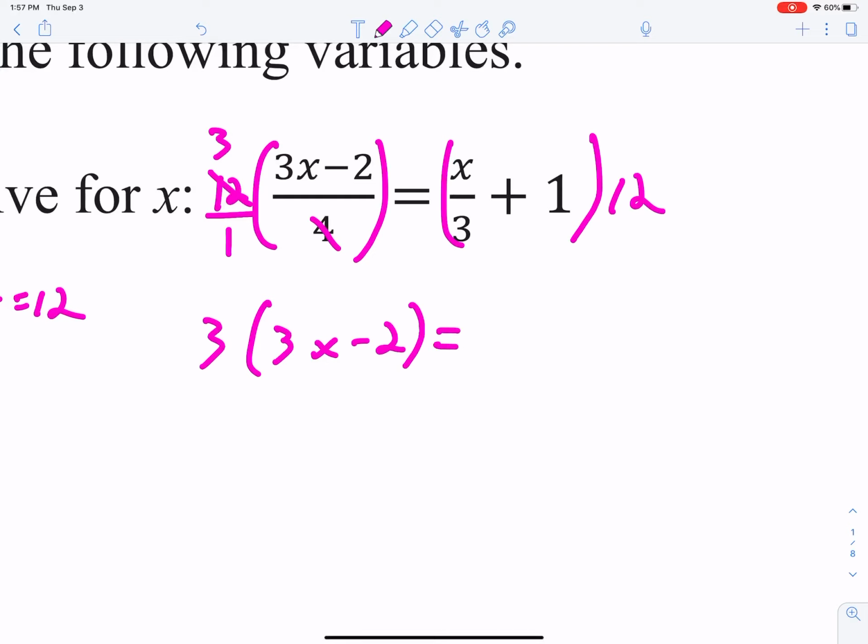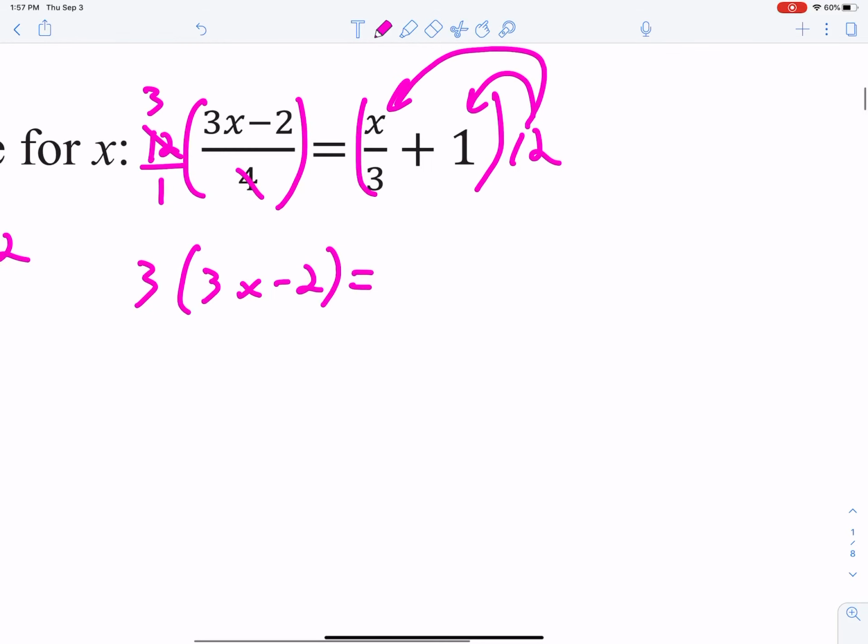Now on this one, of course, we're going to distribute. So I'm going to write it out. You don't always have to write it out as much as I am, but you should show work, of course. So we're going to end up with 12 times x over 3 plus 1 times 12 is 12, right? Again, 12 over 3 we can reduce. That becomes a 4.